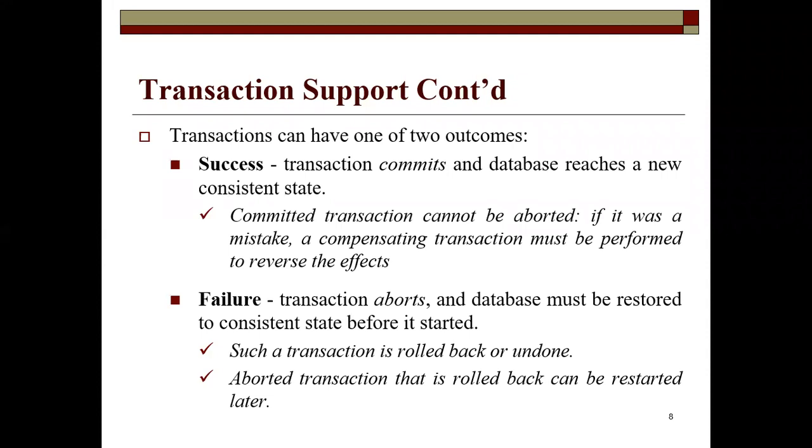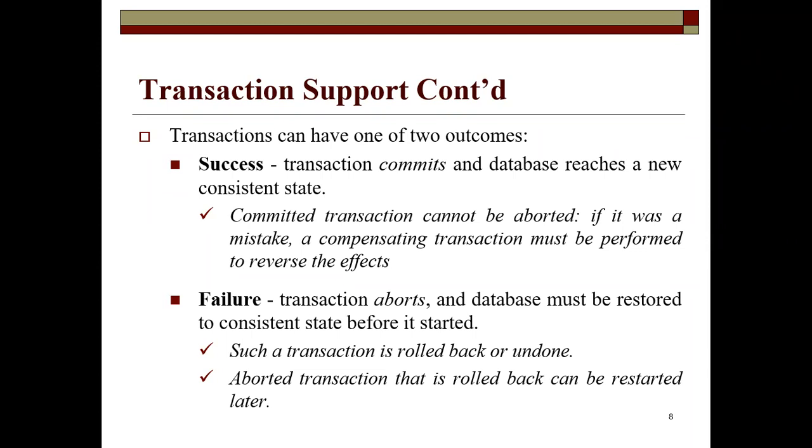If you deposited 100,000, withdraw 100,000, that will return the balance of that given account back to what it was before the deposit was made. So take note, every committed transaction, the only way you can reverse the effects if it was a mistake is by doing another compensating transaction.